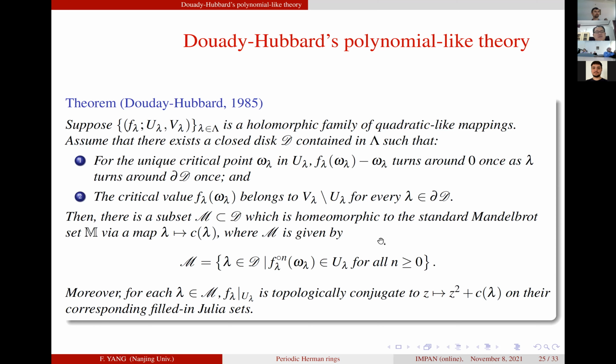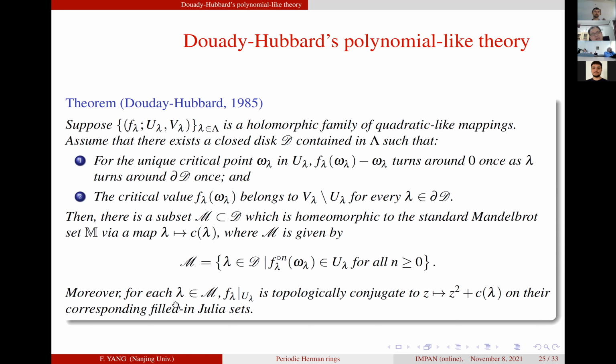If this family satisfies these two conditions, then there is a subset M which is homeomorphic to the standard Mandelbrot set, where M is given by this set: the orbit of the critical point is always in U_lambda for all n.